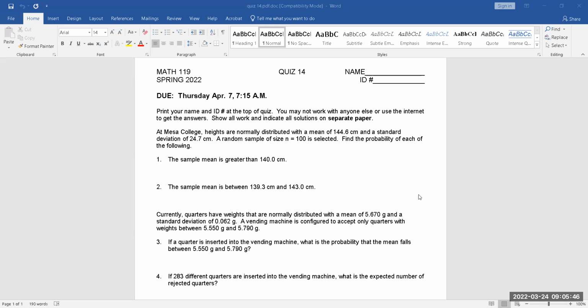So what did you get for that one? Okay, that looks good. You don't want to make the calculations long. You want them to be short and sweet and simple.